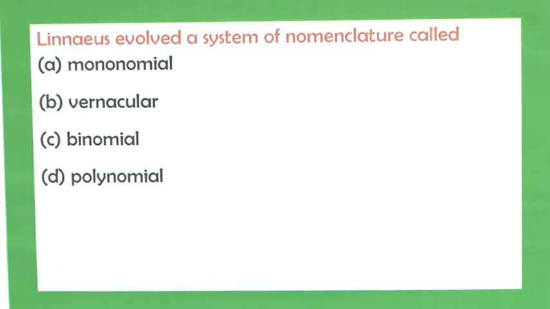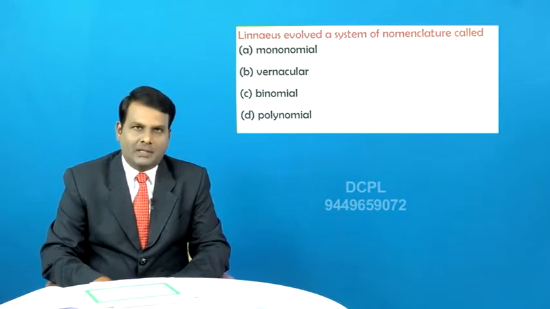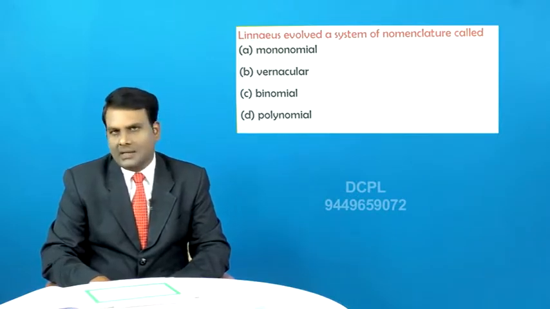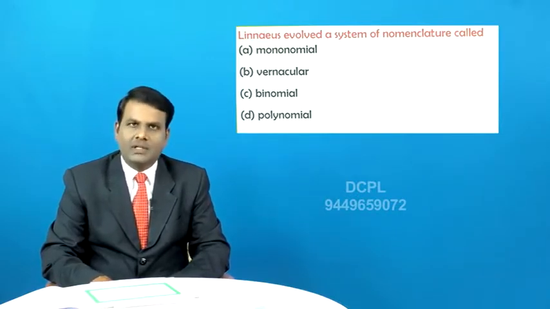Linnaeus evolved a system of nomenclature called option A, monomial nomenclature; option B, vernacular nomenclature; option C, binomial nomenclature; option D, polynomial nomenclature. When you consider option A, monomial nomenclature means every organism has a single name, that is only the genus name.